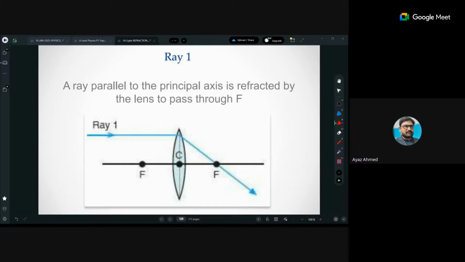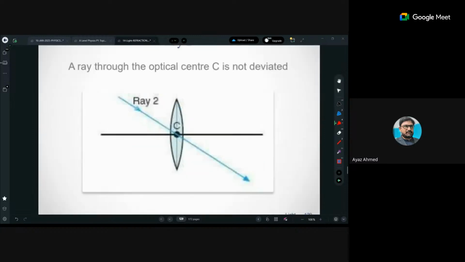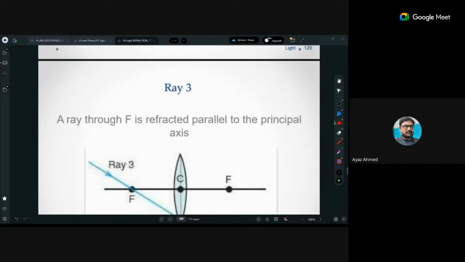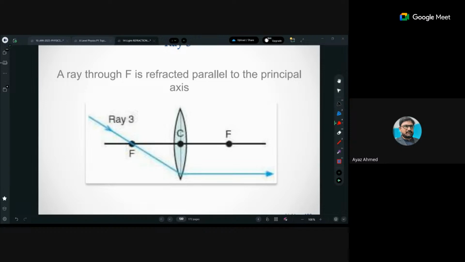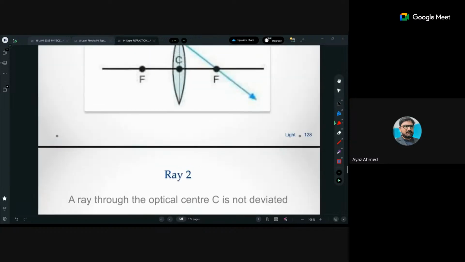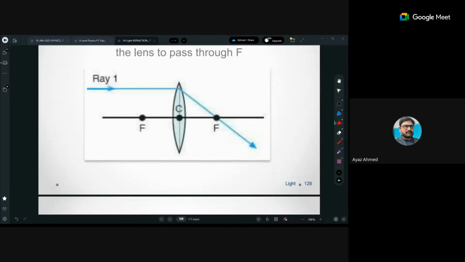Ray 1, ray 2, and ray 3. These are three rays, right? Ray 1 is that which is parallel before the lens, and when it reaches the lens, it bends and it passes through principal focus.